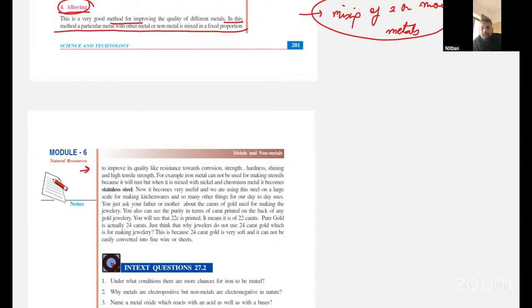The 24 carat gold is the purest gold among all of them. Got it? What does carat mean? Carat is the measurement of purity of gold. It is a measurement of how much gold is mixed and how much other metal like copper is mixed.